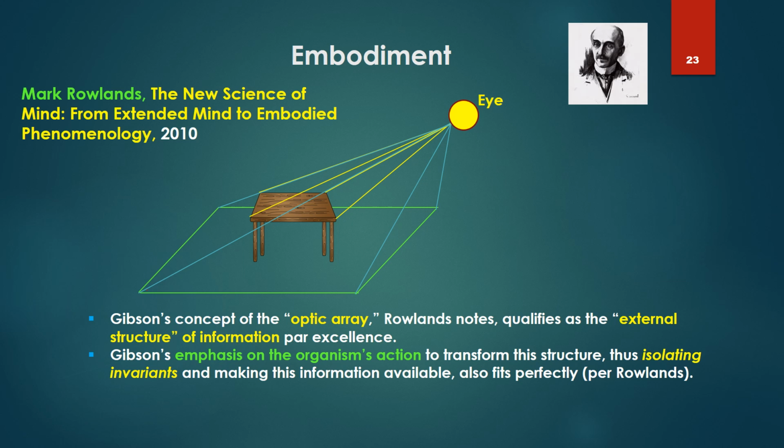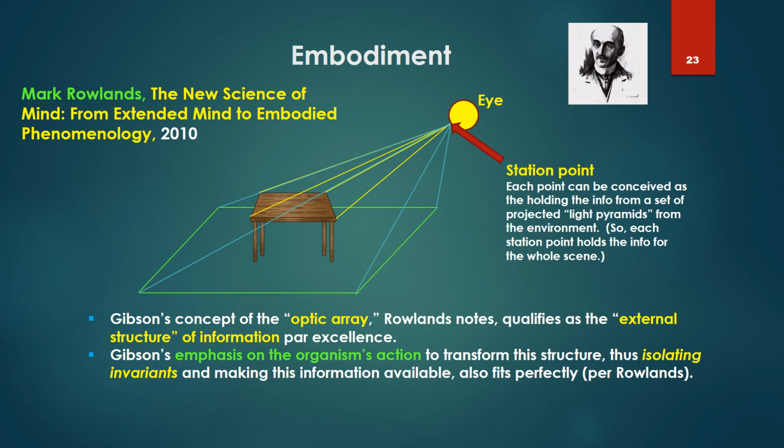And of course we could have any number of other little pyramids, which would have been too difficult and messy to draw. I could have a little square cup on top of the table to make it easy, which would also have its own little pyramid projecting to that point. So that point is called a station point, and each point can be conceived as holding the information from a set of projected light pyramids from the environment.